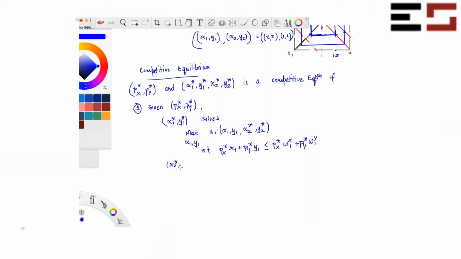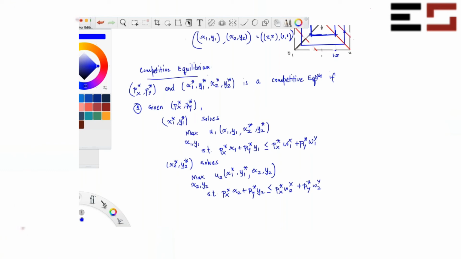Similarly, you can write the same thing for consumer 2. x2 star, y2 star solves the utility maximization problem of consumer 2, holding the other player's decision as given, subject to the budget constraint px star x2 plus py star y2 less than or equal to px star omega 2x plus py star omega 2y.